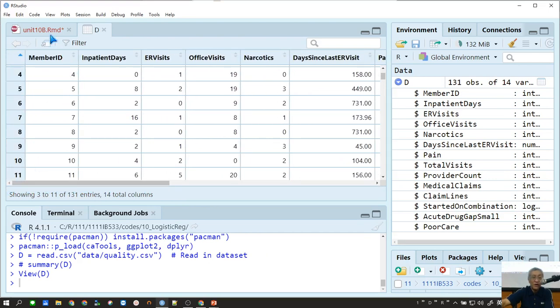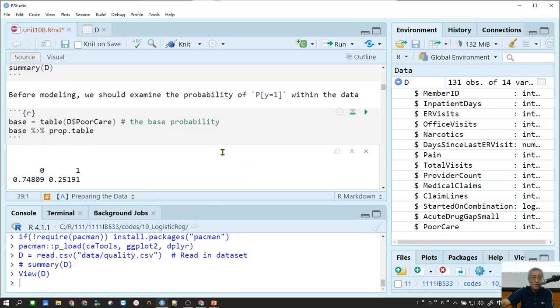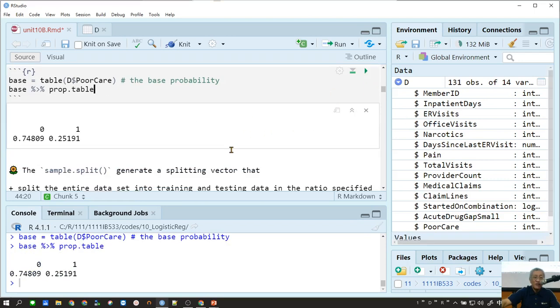After I get the data, as I told you, the first thing is I want to know the proportion of poor care. The proportion of poor care is about 25%. But that is the average probability of poor care.